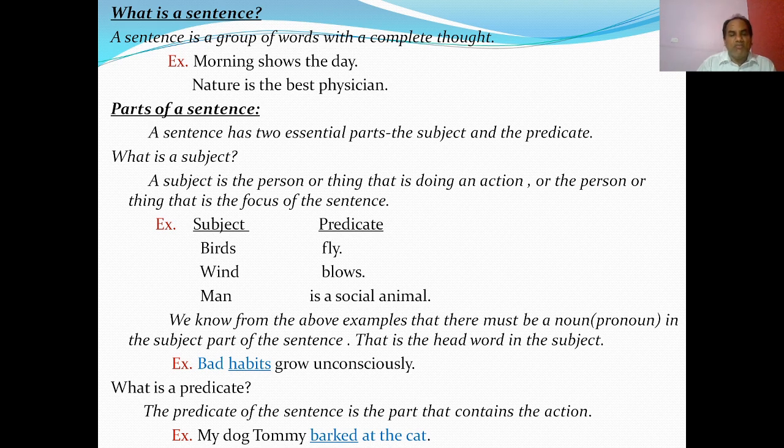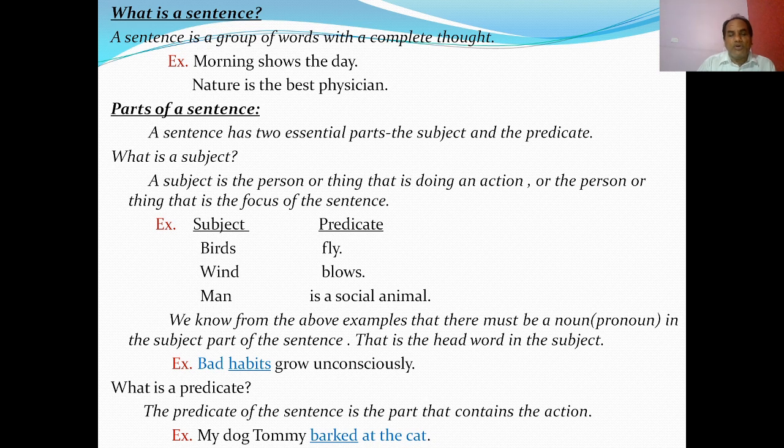You see, my dog Tommy is the subject. We know the rest of the sentence, barked at the cat, is the predicate. The predicate of the sentence is the part that contains the action. You see, barked at the cat contains the action of the dog barking. So this is the predicate.